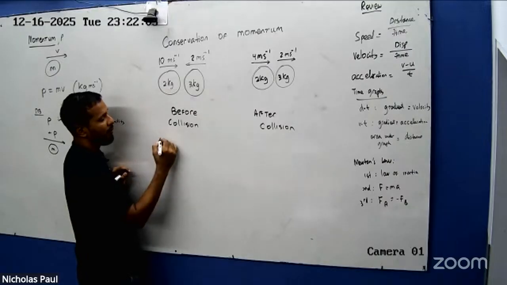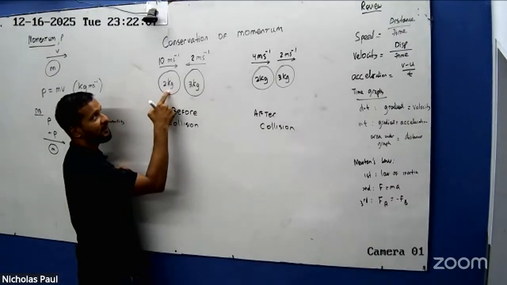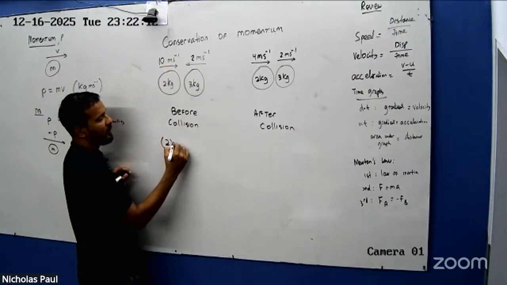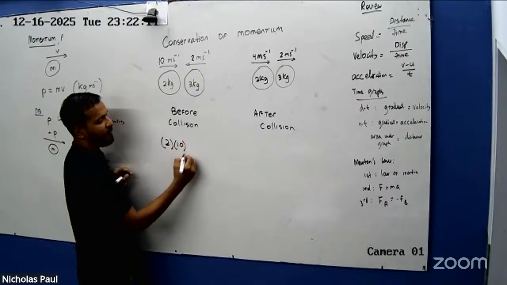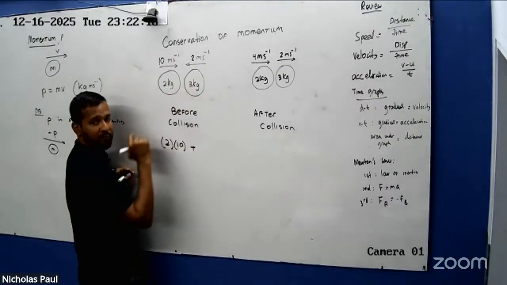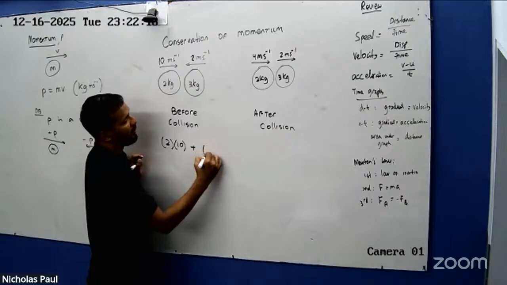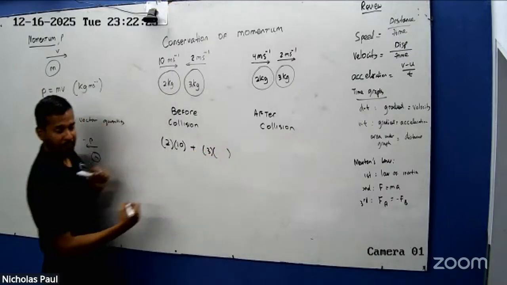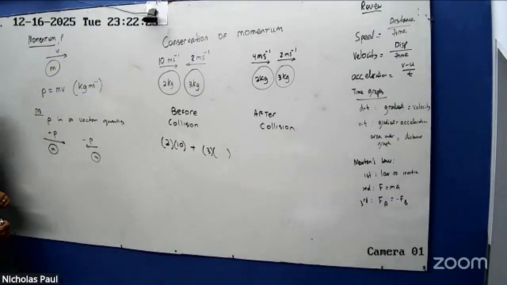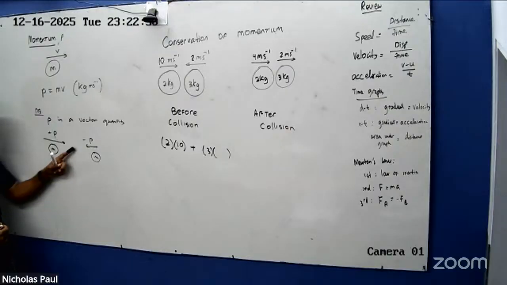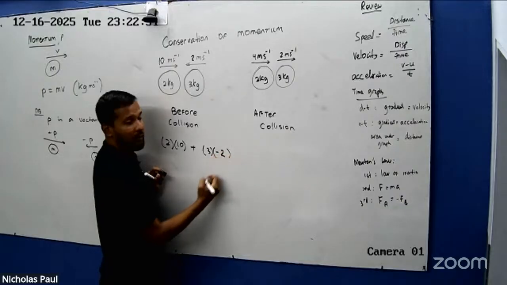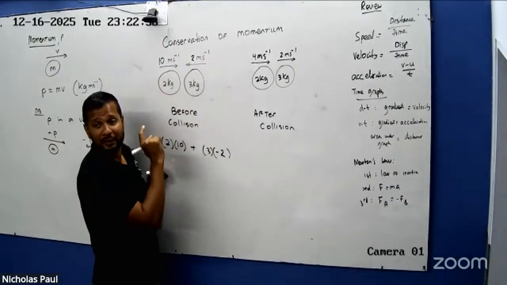Momentum is mass times velocity, so the mass is 2 and the velocity is 10. What's the momentum here? It's -2, because we said momentum is a vector quantity.